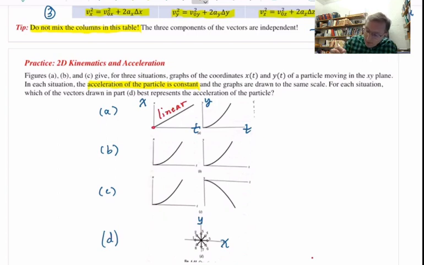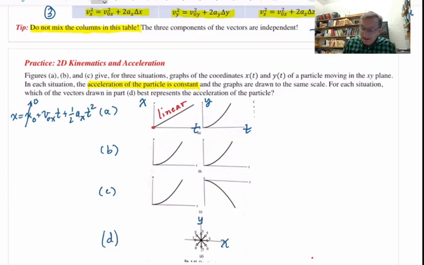Let me write it over here to the side. X equals x initial plus v initial x t plus 1/2 a x t squared. Every v symbol has an x subscript. Every a symbol has an x subscript. The x initial is 0, right? Because it starts at the origin. I can tell that from the graph.